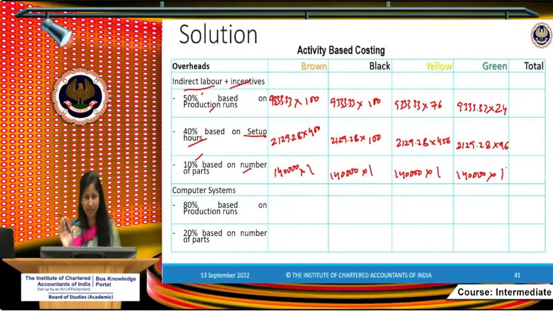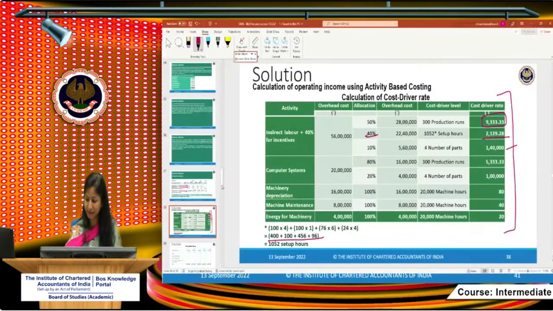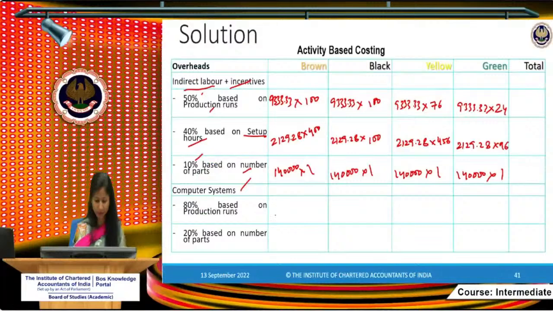This was the simplest. Now comes the computer system, 80%. What was the rate for the 80%, which was based on the production runs? Let's see over here: 5,333.33. So use this rate over here. I am solving this faster so you know how to solve in the examination hall.